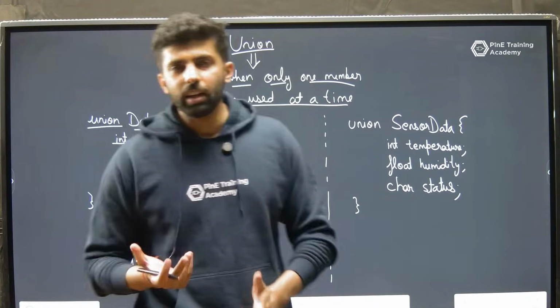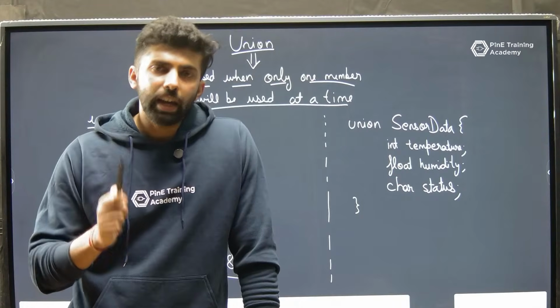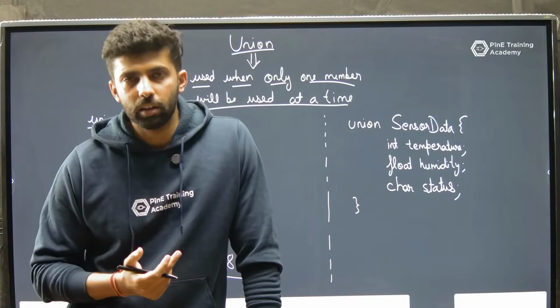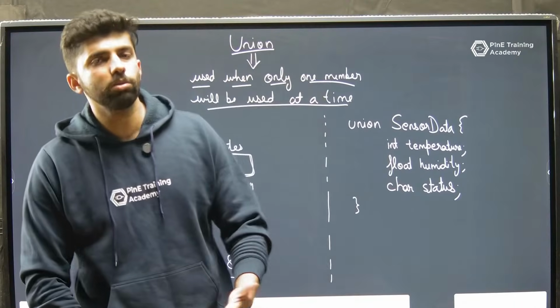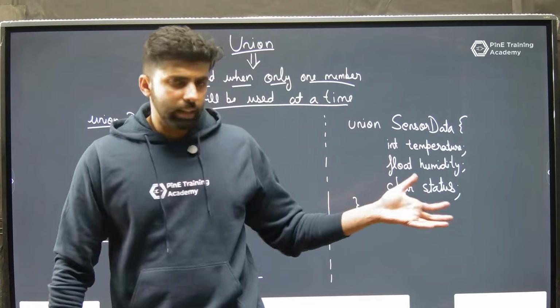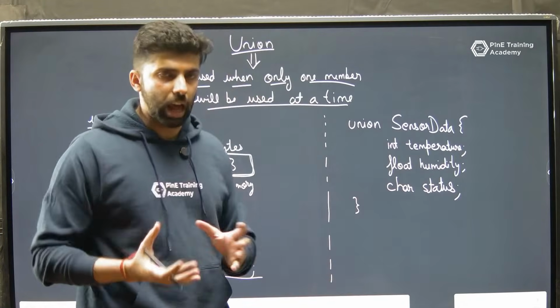Now you might be thinking that if in case of union we can store only one value at a time, what is the use of it, right? For that, I will explain this example. I will try to picture a scenario.